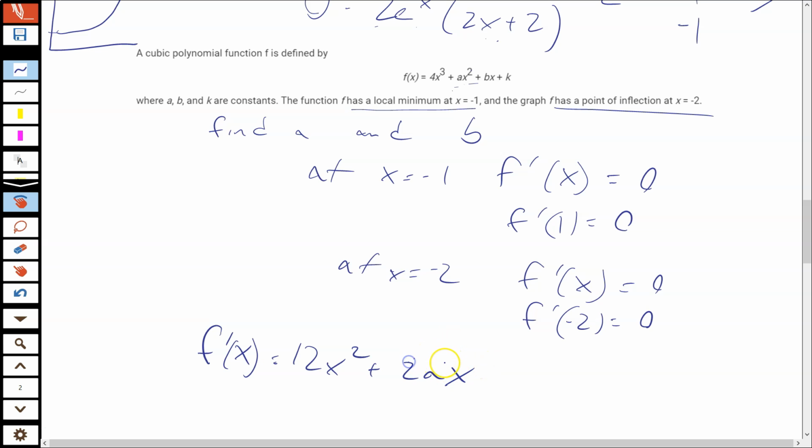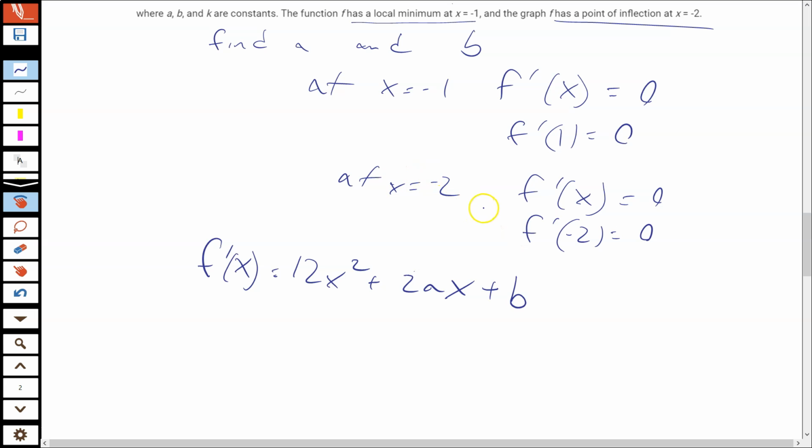Like I would just do 2 times 5 and I'd simplify it to get 10. But because I don't know what a is, I can't simplify this. I'm just going to leave it as is. Okay. bx, the derivative of that is just b. And then k, the derivative of k is 0, right? K is just a number.